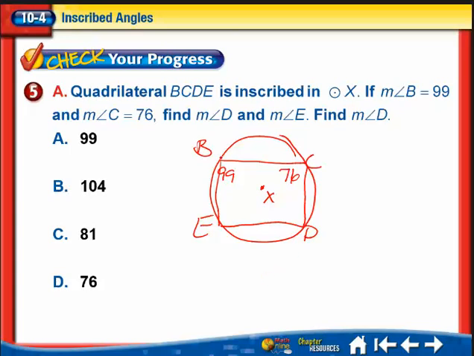So we're going to do opposite, B and D. So 99 plus some number equals 180. x is going to equal what? 81. Is that angle D? Yes. So the correct answer is C.